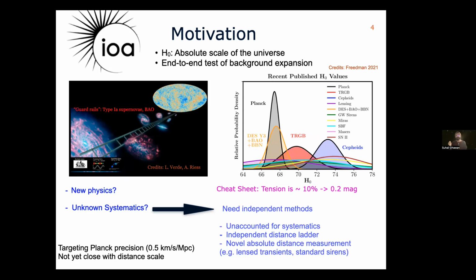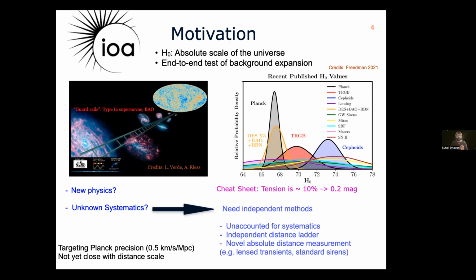Now, this is an end-to-end test of background expansion, so a tension could be a sign of new fundamental physics. However, it could also be a sign of unknown sources of systematics. Therefore, great claims of non-standard cosmology require great evidence, so it's extremely important to go through an entire list of possibilities that it could be more mundane explanations.